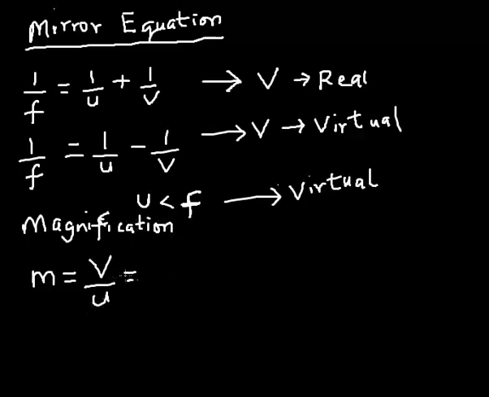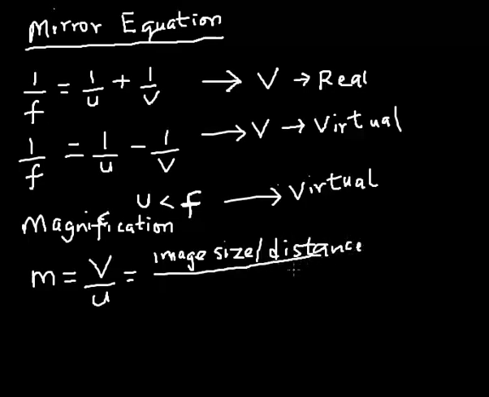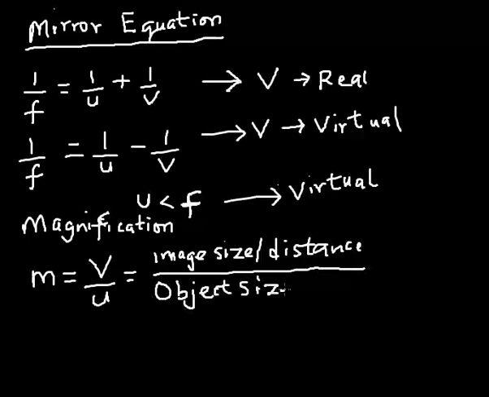This v can be either the image size or the image distance from the mirror. Then u is either the object size or distance. Okay, so I hope that is well understood.